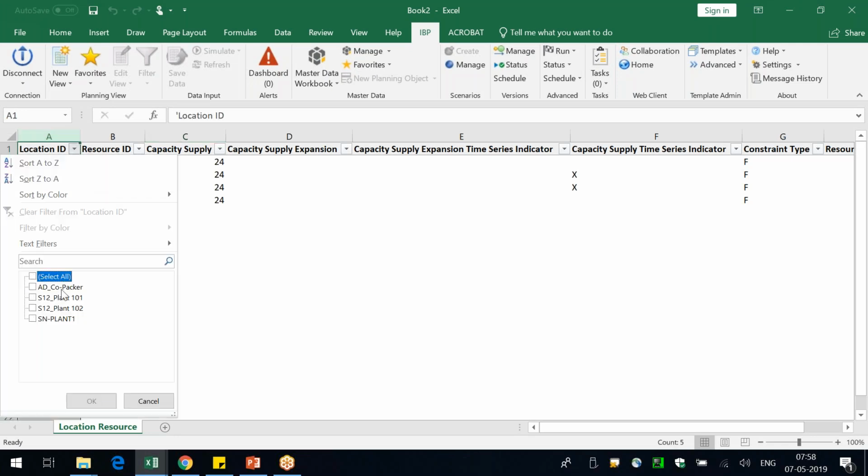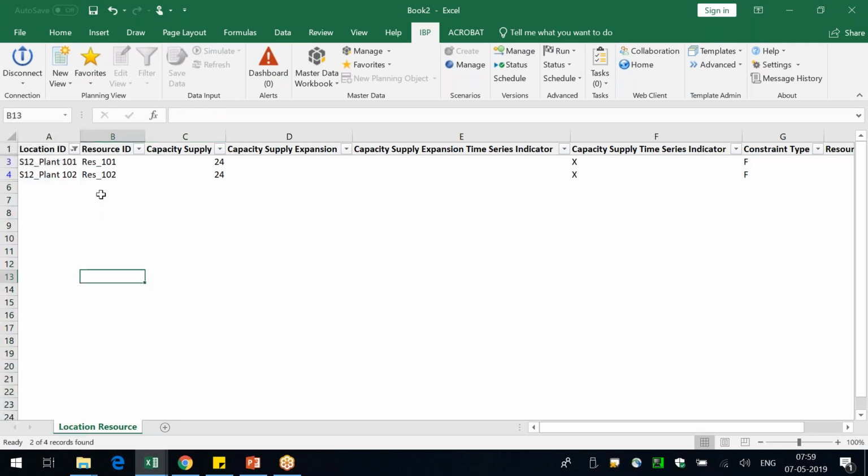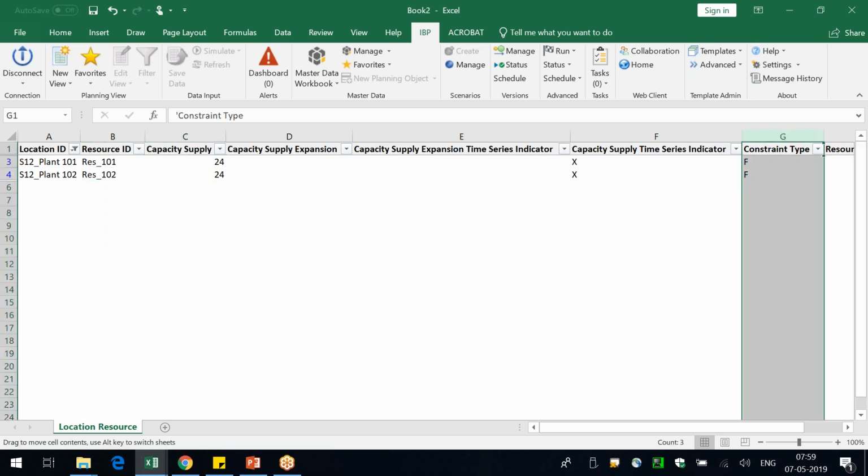Let's filter on our locations. Plant 101, plant 102. The resource ID is RES101, RES102. Capacity supply is 2424. See this column G, this is the constraint type. If you mark it as F, that means you are telling the system that this is a finite resource. I mean, don't expect infinite capacity from this resource.